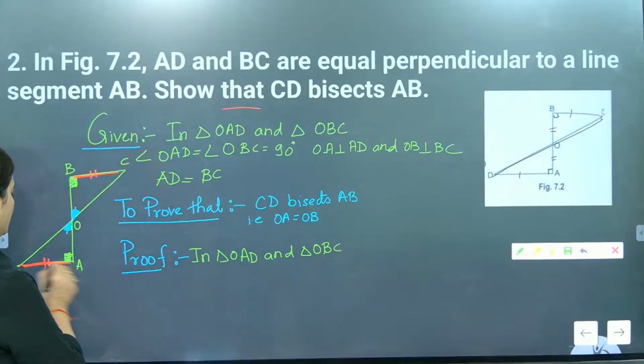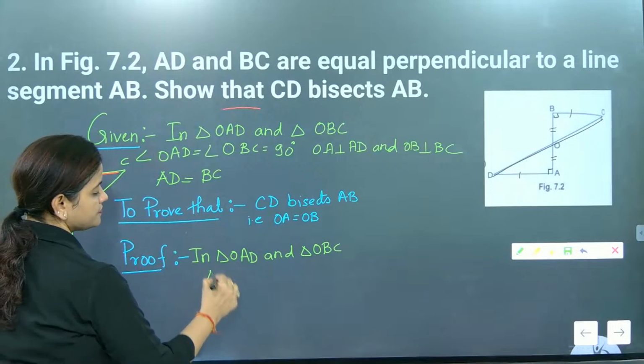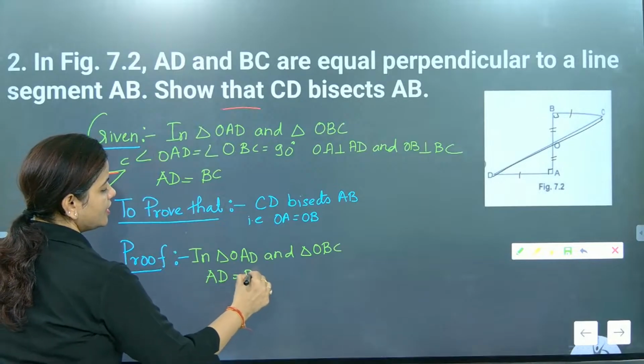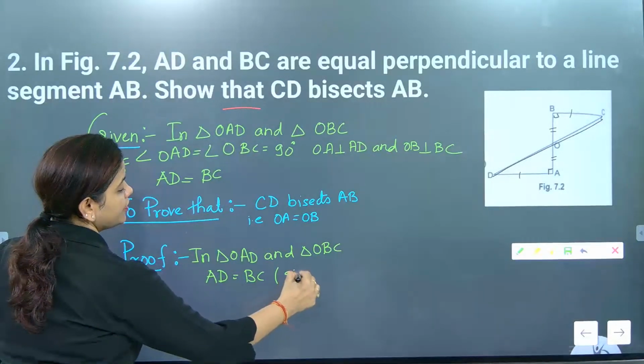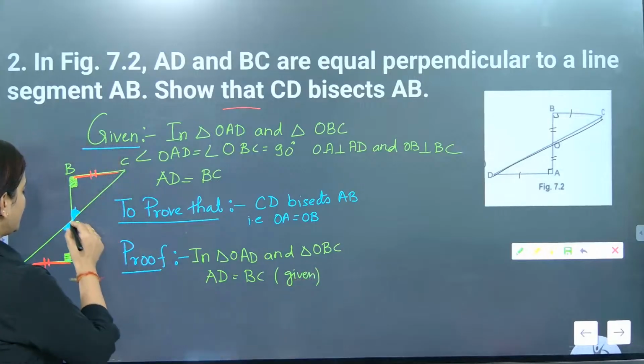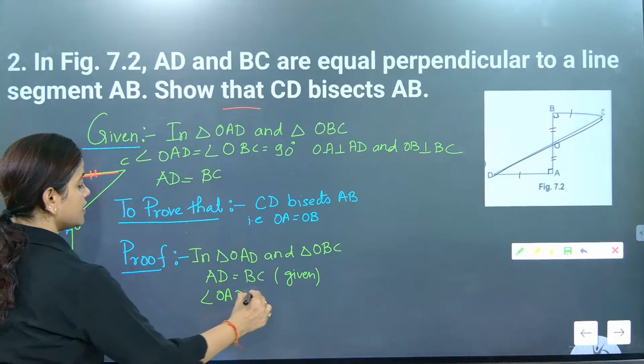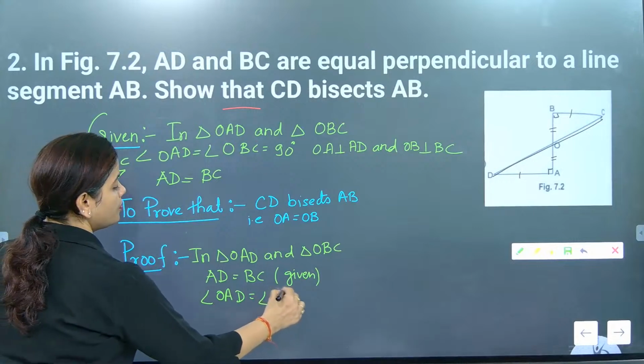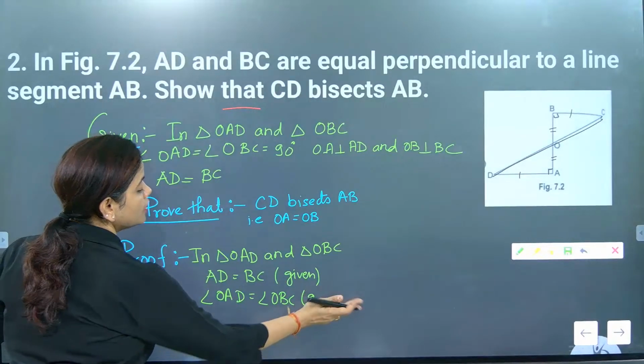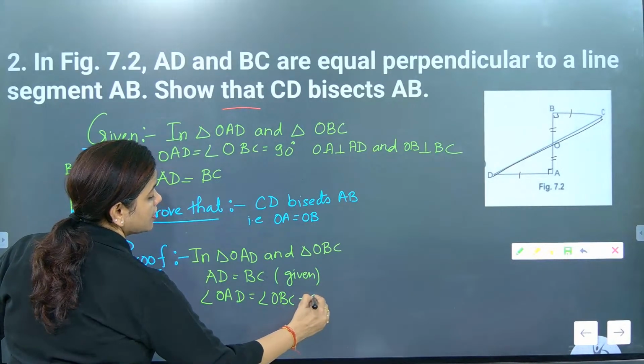What is given to you? AD is equal to BC. This is already given to you. Now what is given next? Angle OAD is equal to angle OBC, which is also equal to 90 degrees. This is given.